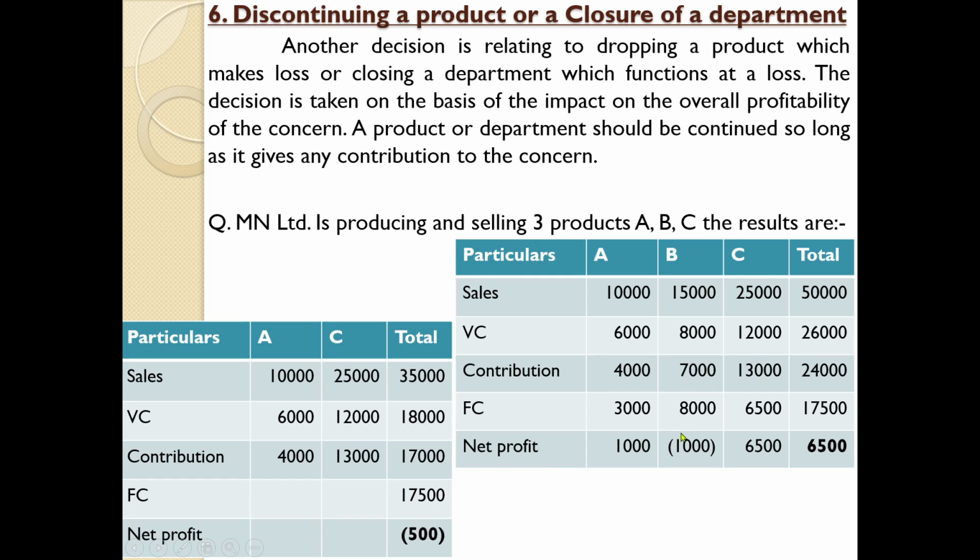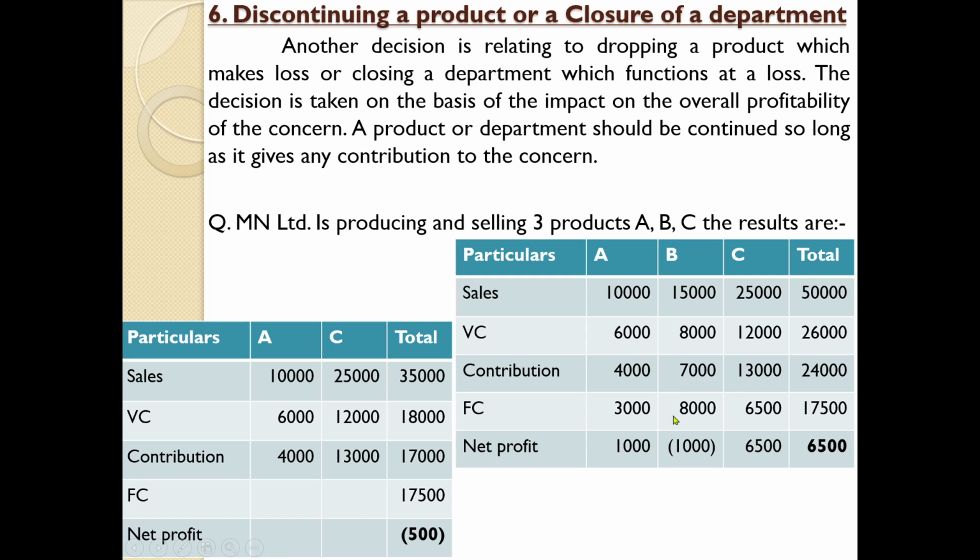In the case of B, the contribution was around 7,000. Because of this 7,000, the fixed cost was almost covered. So without B, the entire fixed cost has to be borne by A and C, and the organization suffers a loss of rupees 500.